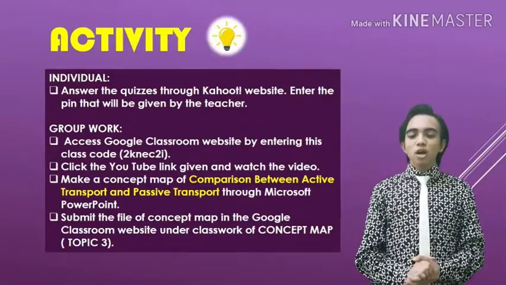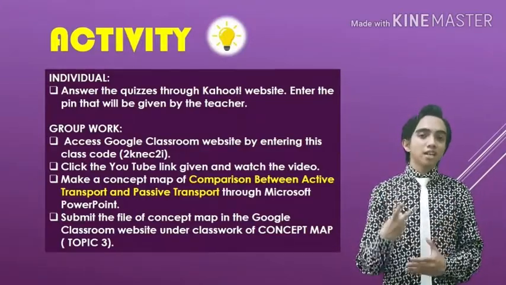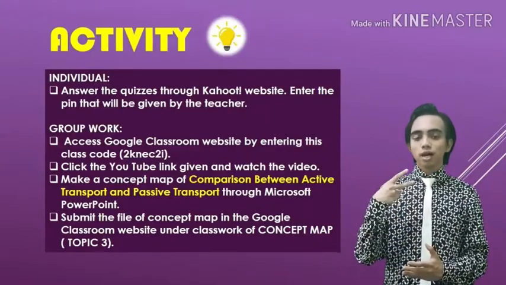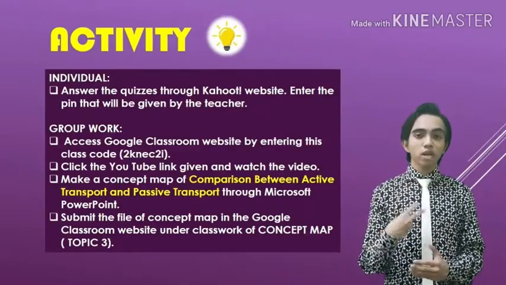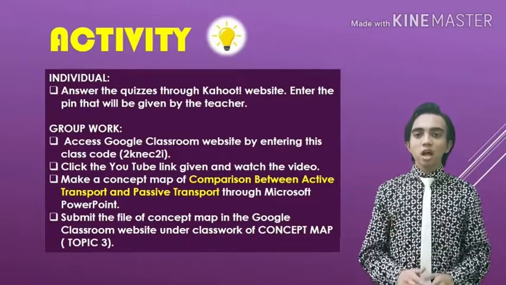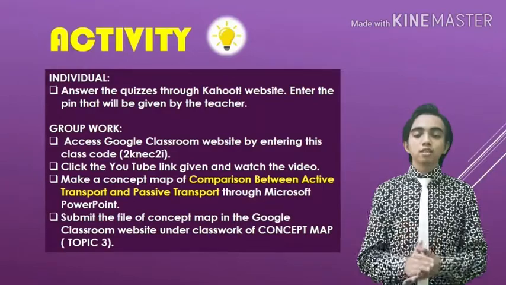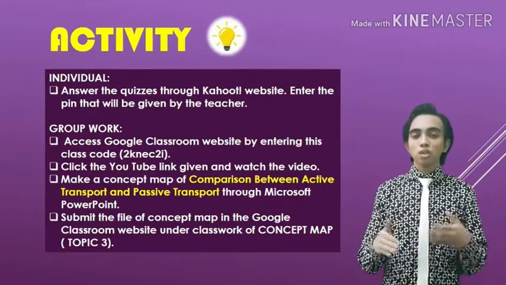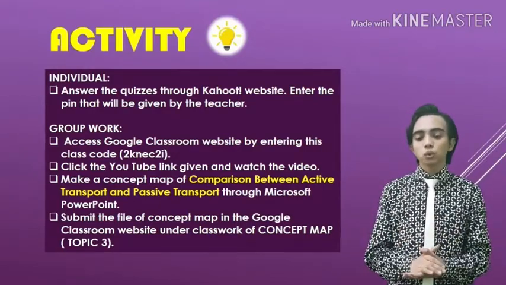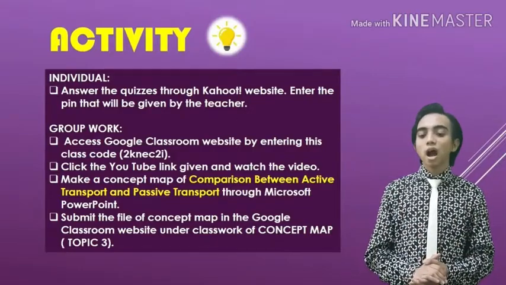The activity is divided into two types, individual and group work. For the individual work, you are in the computer lab, right? I want you to answer quizzes through the Kahoot website.